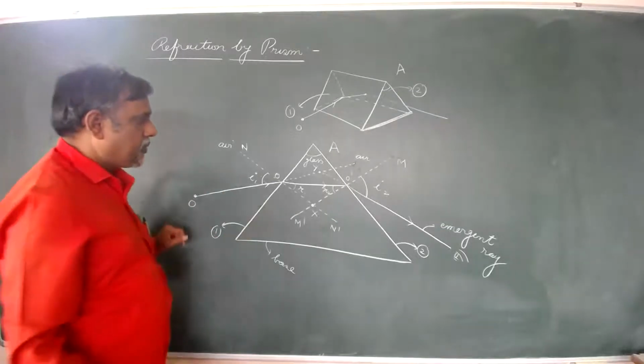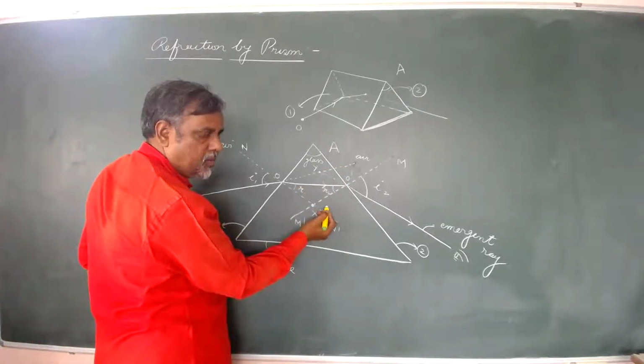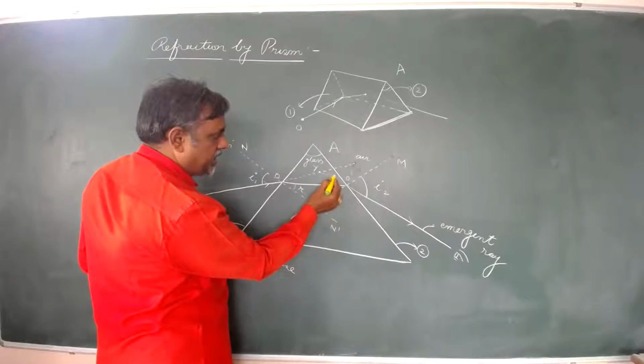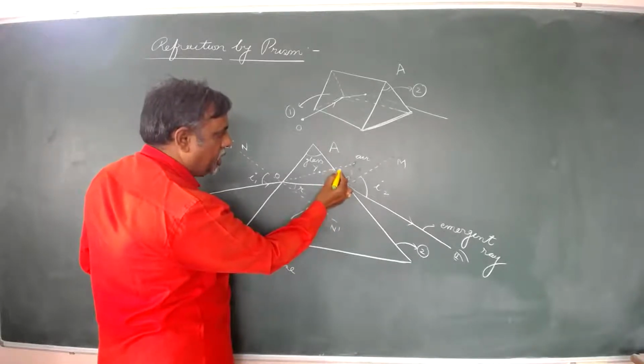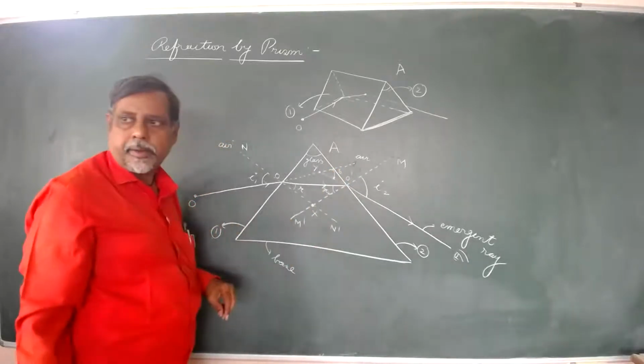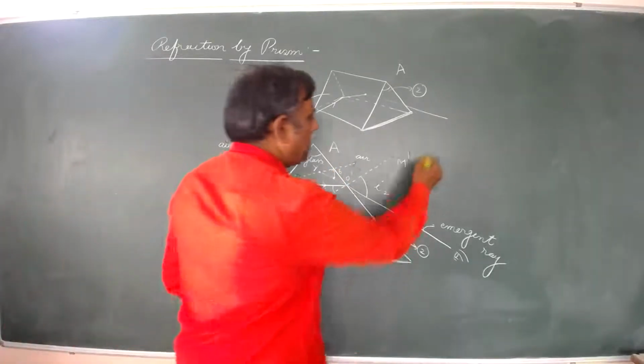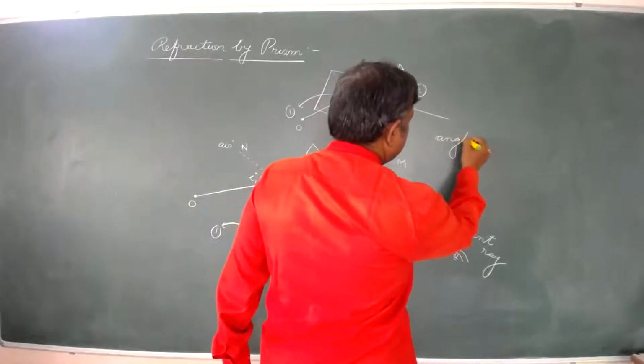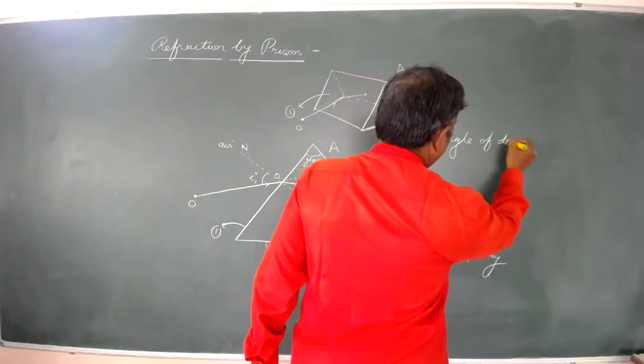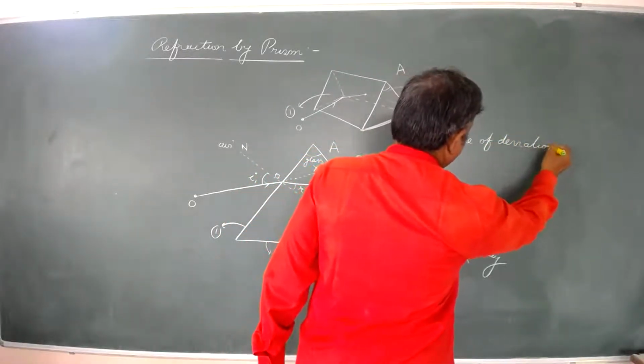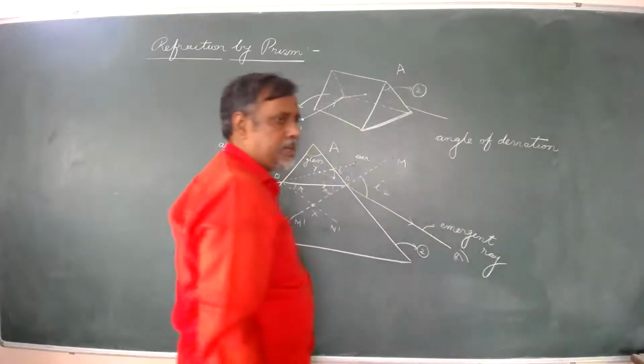Now, from the usual propagation, what happens? This light ray is getting deviated over some angle. This is known as the angle of deviation, delta.